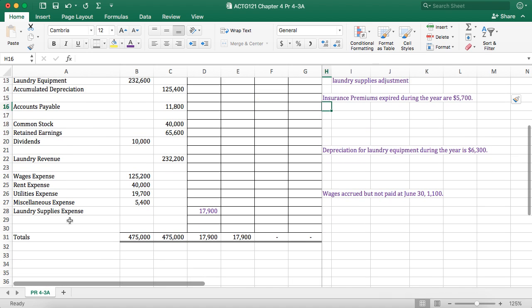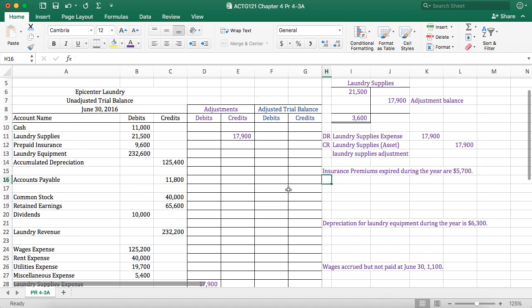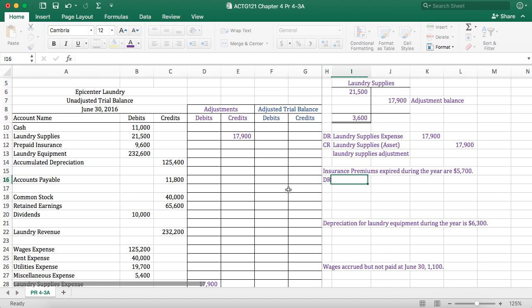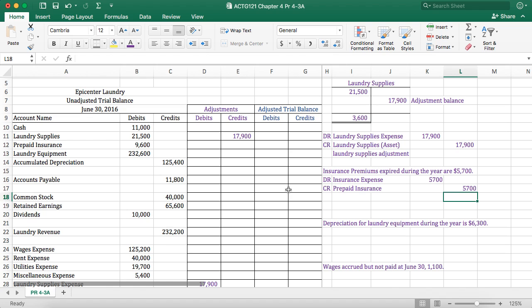So again, we don't have insurance expense, but we're going to add it because that's the account we need. So the debit is to insurance expense and the credit is to the asset, prepaid insurance. Dollar amount is $5,700, a debit to insurance expense, a credit to prepaid insurance. And our brief explanation is expired insurance.